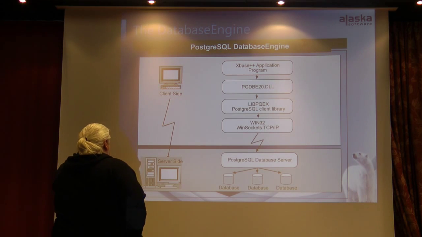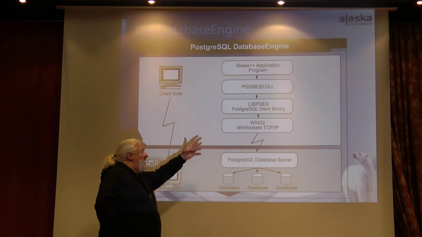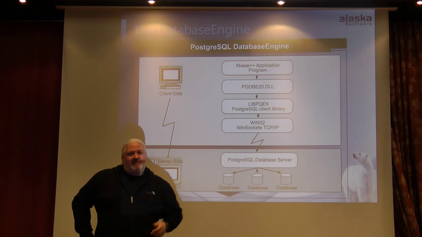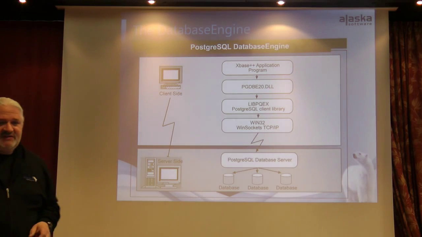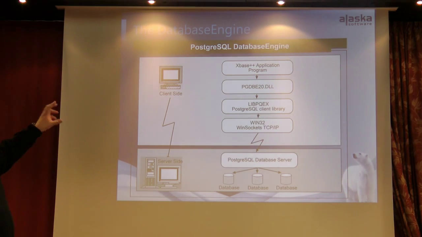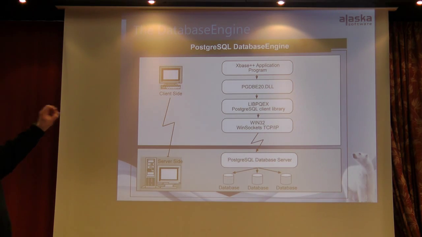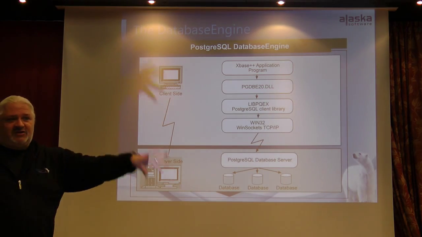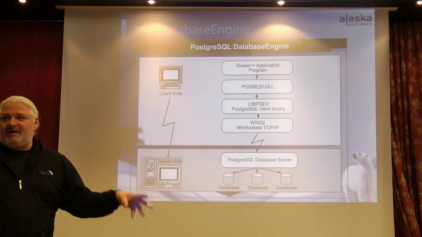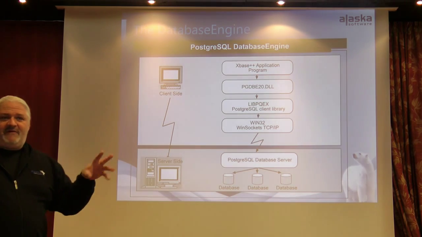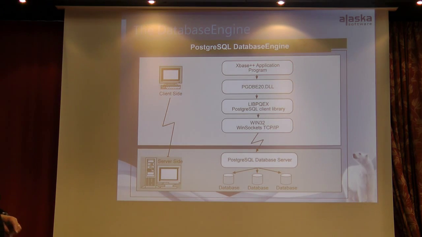We're using a client library. It's like the ACE 32-bit when we want to compare this to Advantage. The difference here is it's the libpqax, because the PostgreSQL client library we are using is a special one we created because we added functionality to this client library which is crucial for the ISAM feature set.